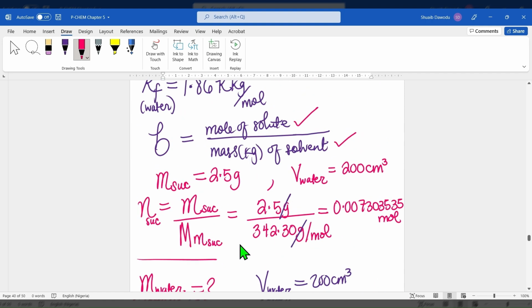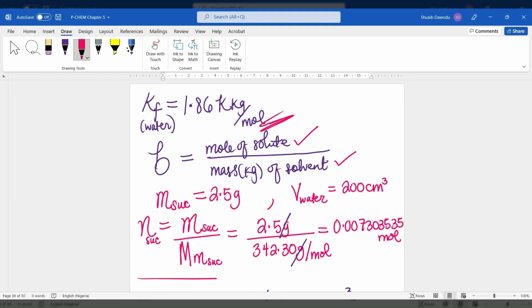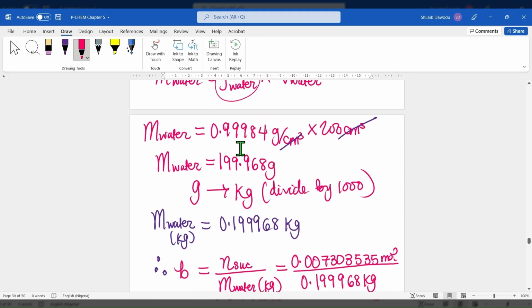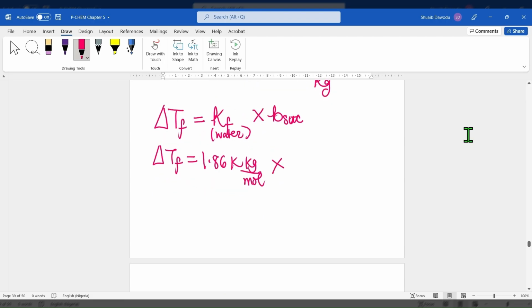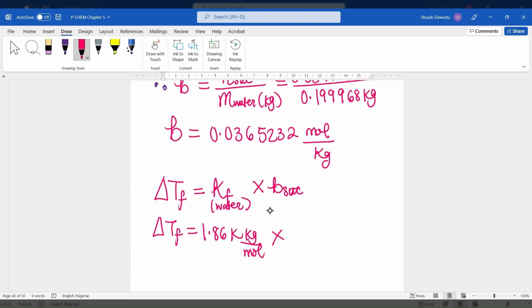I think I wrote it down right here. So we're going to substitute that, which is what I just did, multiplied by the value for B of sucrose, which is simply 0.0365232 mole per kilogram. Of course, we cancel out the kilogram and cancel out the mole. So what you have here is just Kelvin.